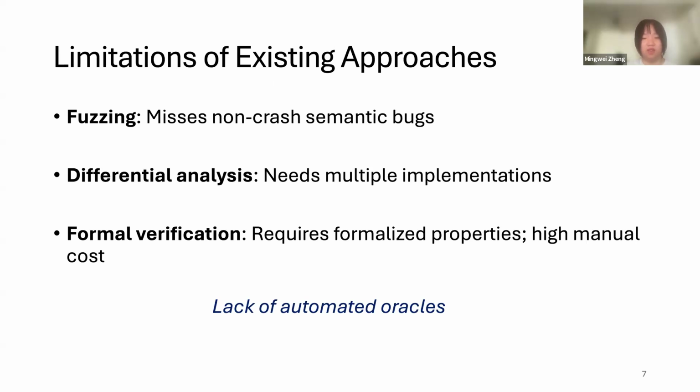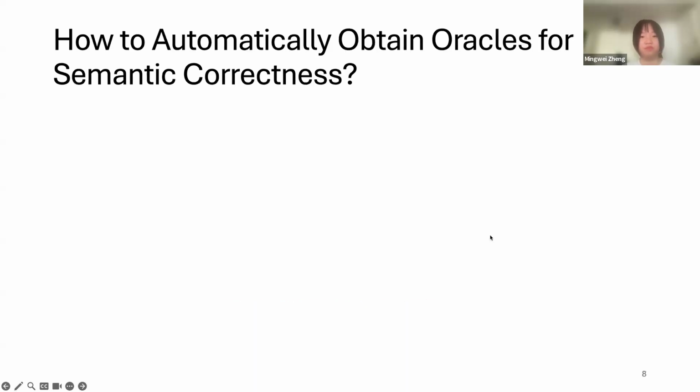For different inputs, we want the oracle to automatically tell us what kind of consequence each input should lead to. This is what we mean by automated oracles.